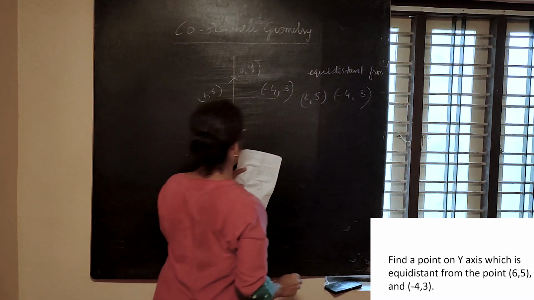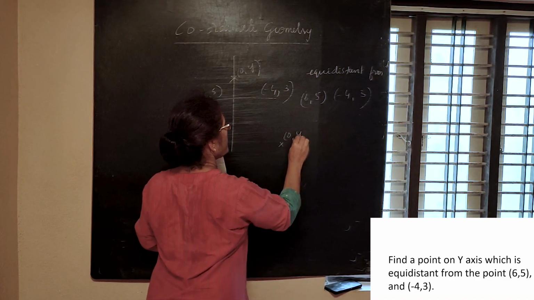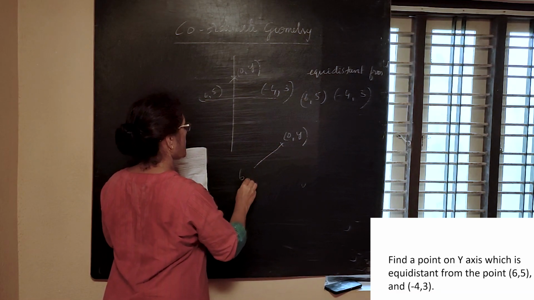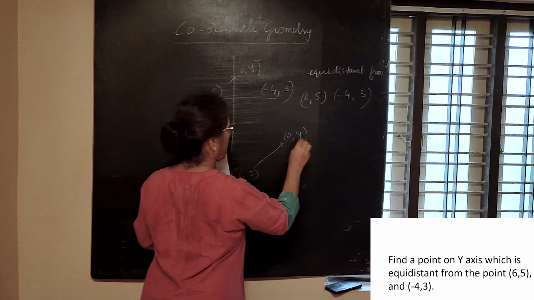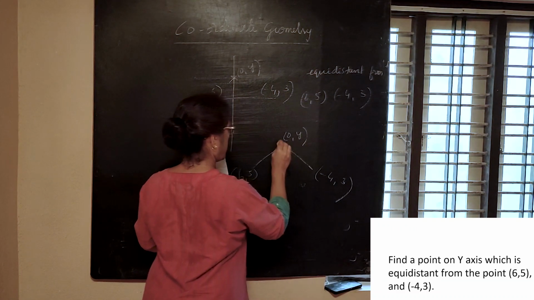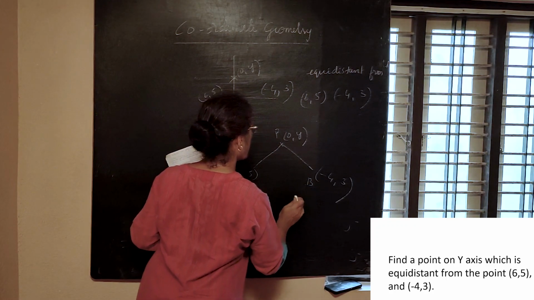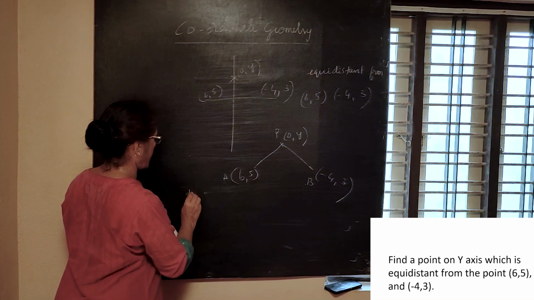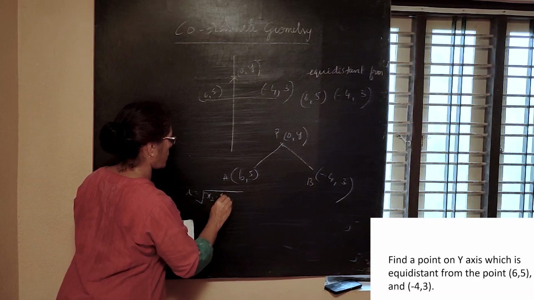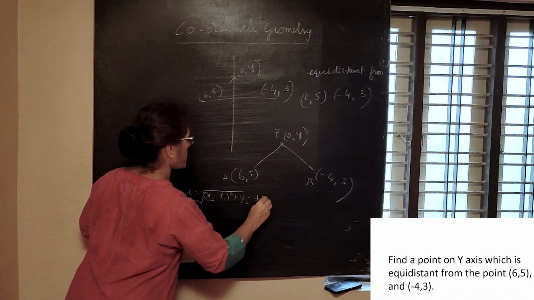Let us use the same logic. A point (0, y) is equidistant from (6, 5) and another one (minus 4, 3). I name this as P, this as A, this as B. So the distance formula: D is equal to the square root of (x2 minus x1) the whole square plus (y2 minus y1) the whole square.